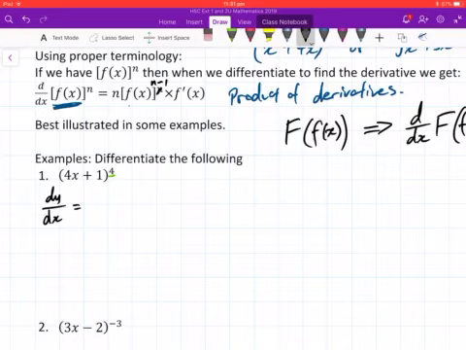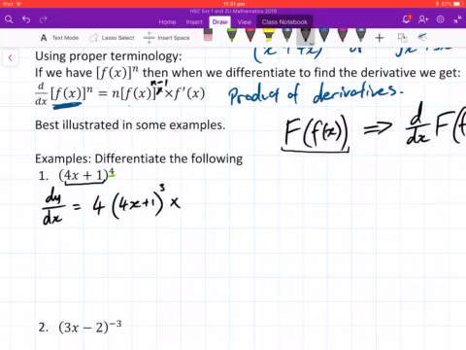Now, how would I differentiate that? Well, I'll bring the 4 down, just like we've been doing. What's inside the bracket stays the same. The power reduces by 1, but I'm not done yet. I have to then multiply this by the derivative of what's inside the brackets. That's my little f of x. So in this example, looking back to what I was doing before, the big F of something is, if you like, u to the power of 4, and my little f of x is what's inside the brackets, 4x plus 1.